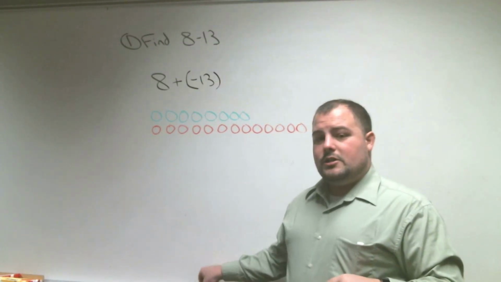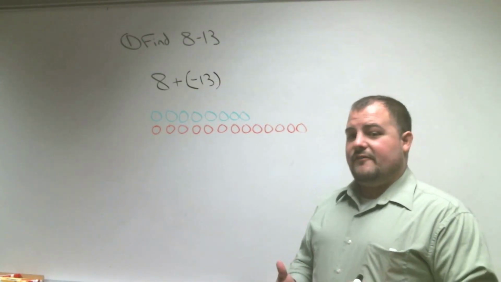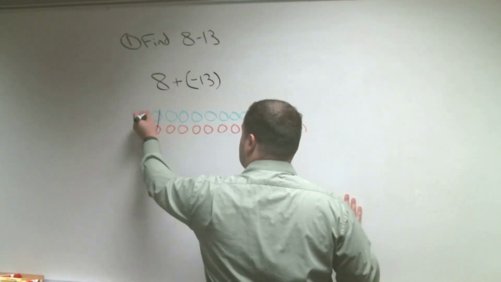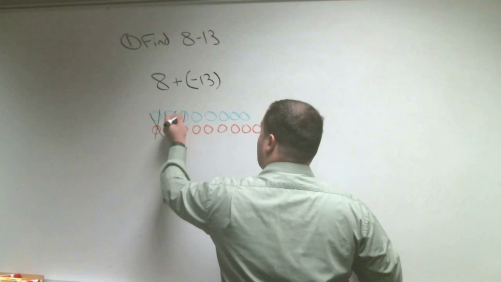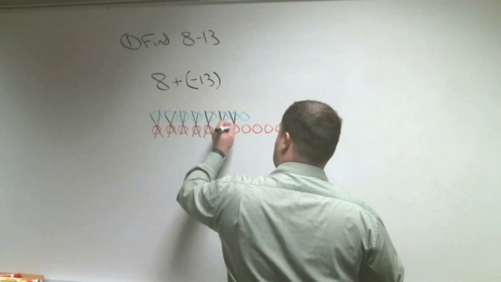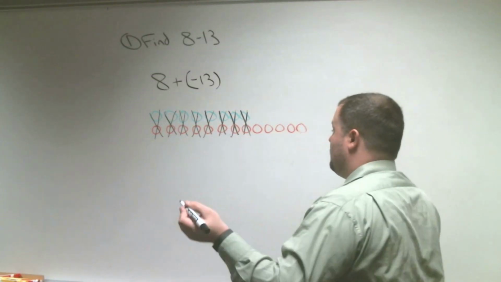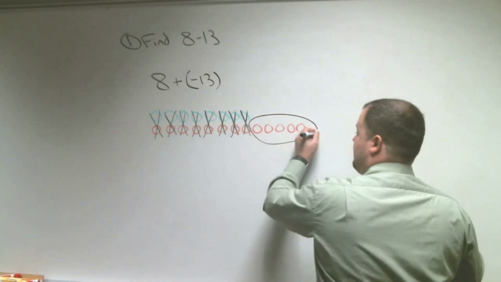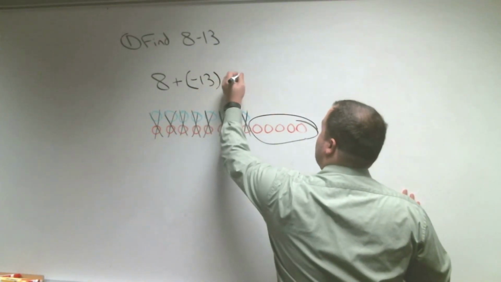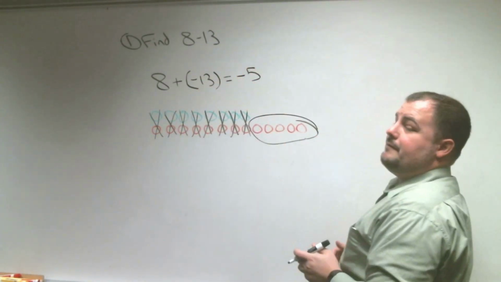And so what we need to do is we need to say, what are we going to have left? What do we have more of? Because a positive and a negative cancel each other out. What we have left is this right here. Well, that's 5 negatives. So 8 plus negative 13 should be negative 5.